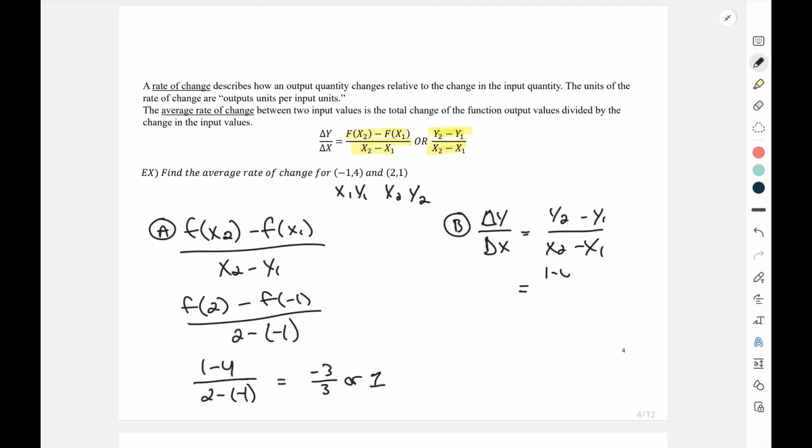We get 1 minus 4 all over 2 minus -1. We can see that we get -3 over 3, and we can simplify it to -1. And so our simplest form of our slope would be going -1, +1, and we would see that it would be a downward slope from the left.